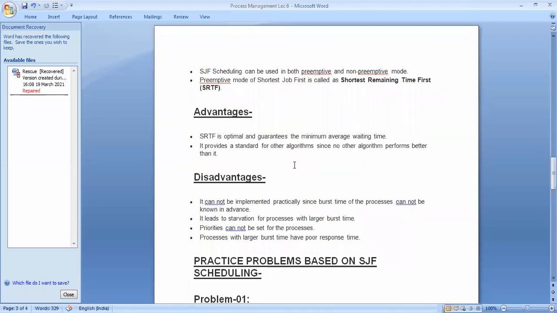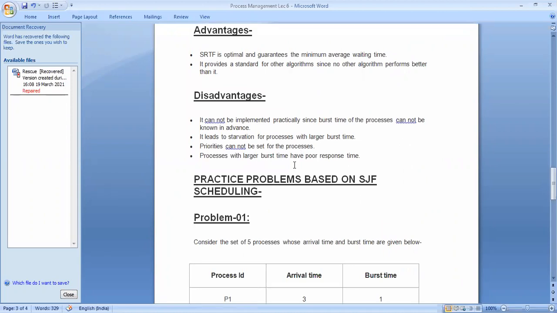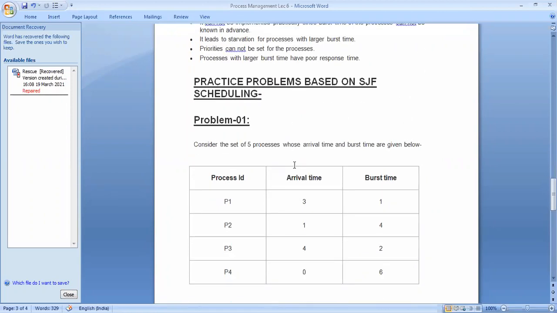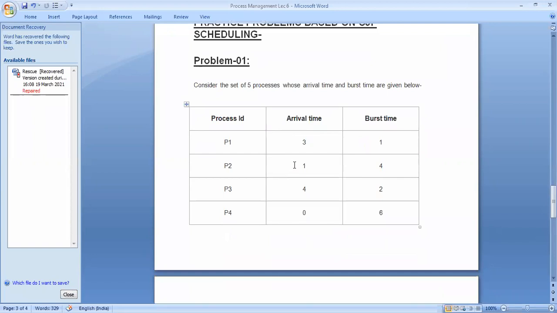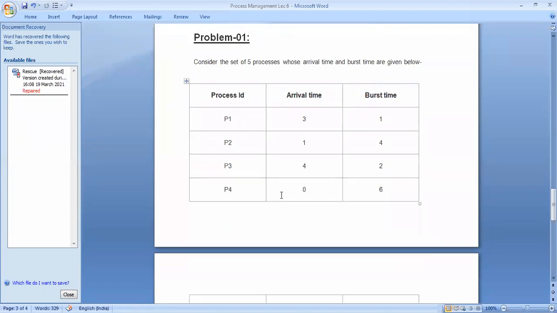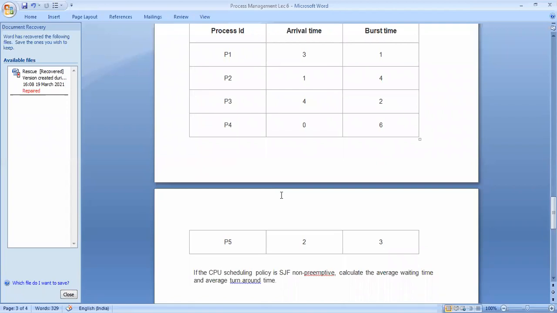So let's take one example. The main concept is shortest job first. First of all we'll take the example. Here five processes are there: P1, P2, P3, P4 and P5.